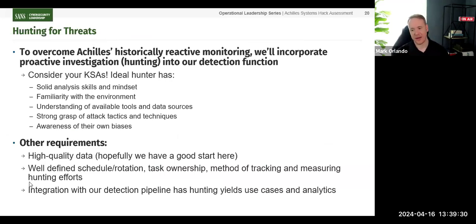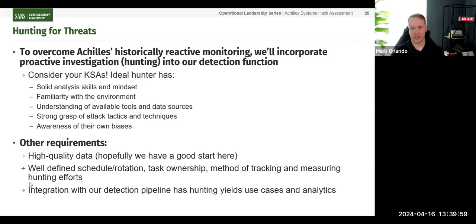Even after we have built out our SOC and we have some of these key functions up and running, we may not fare too well against a determined, sophisticated attacker if we're only relying on alerts. So we want to proactively get out there, comb through the data, hunt for threats that have failed to generate an alert, maybe threats that are not obvious at first glance.